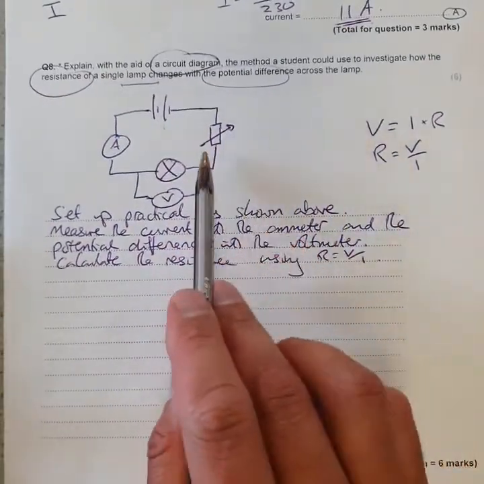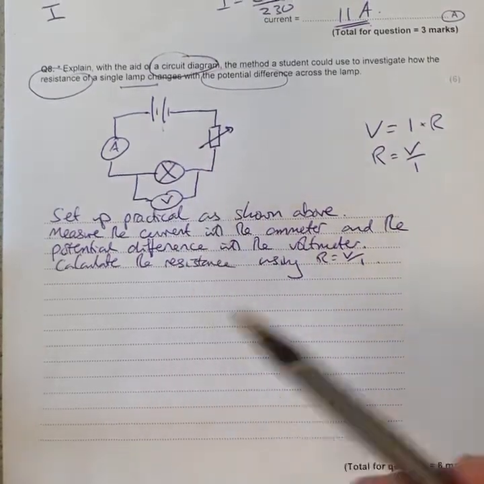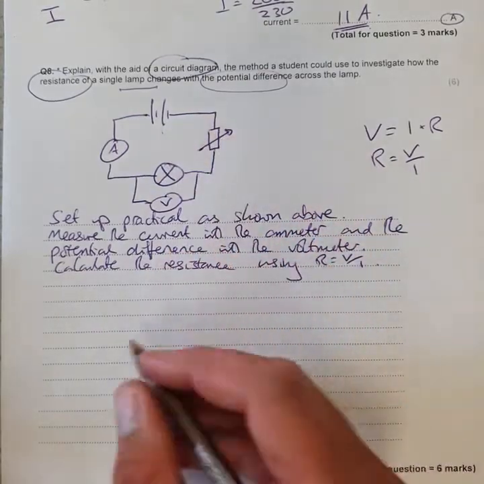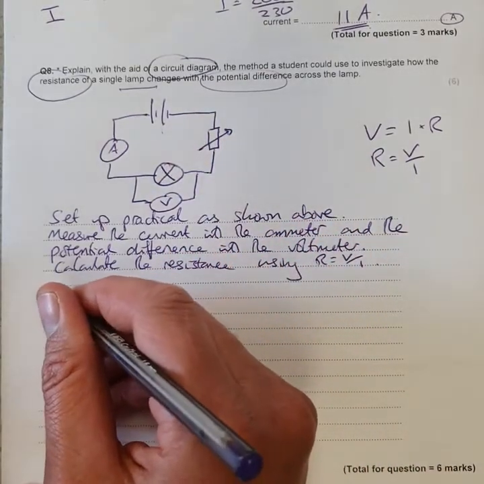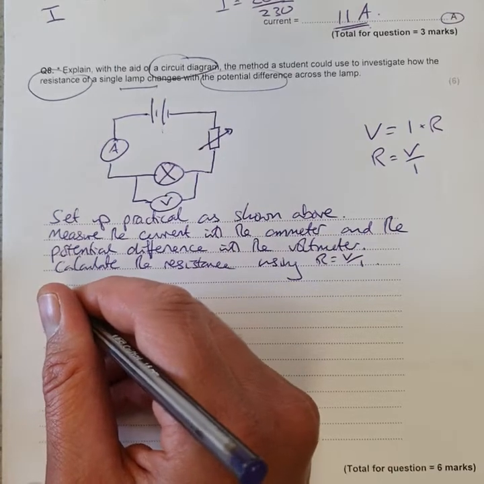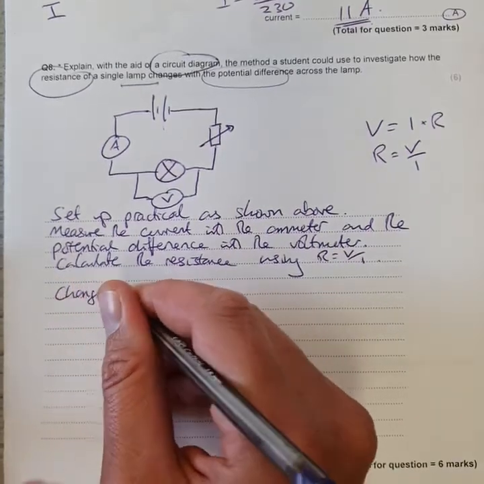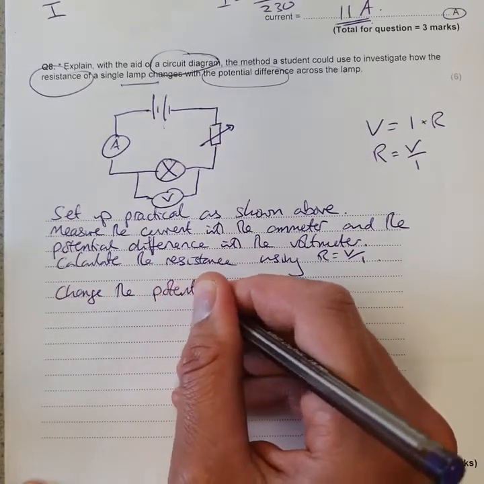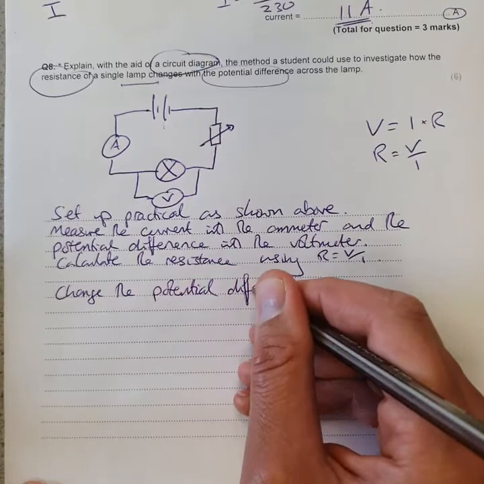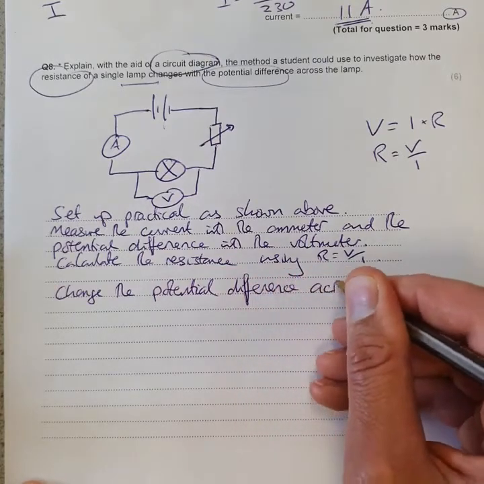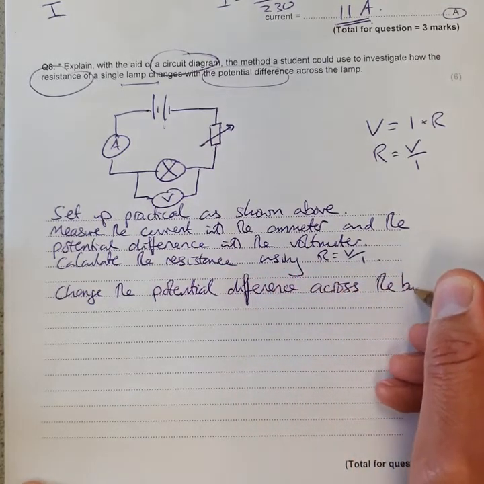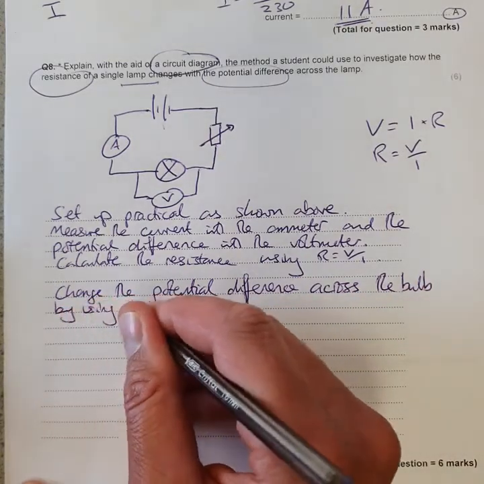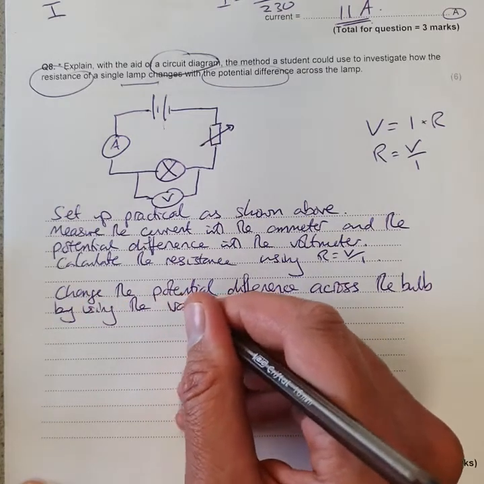So now we've got a term for the resistance as we look at changing the potential difference. But we need to change that potential difference, because at the moment we've just got one number. How are we going to do that? We're going to use the variable resistor. So change the potential difference across the bulb by using the variable resistor.